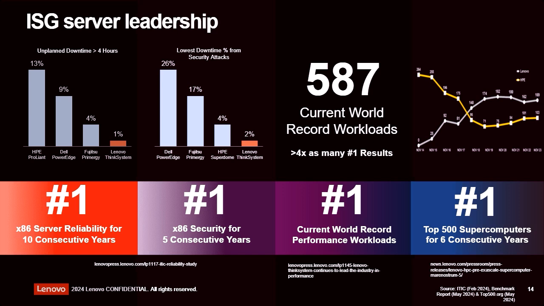And last but not least, talking about those bigger workloads, you can see that we are #1 for 6 consecutive years as far as the top supercomputers out there. I've been running since about 2017, I believe, currently sitting at about 167 of those. So about a third of the market out there in the world is running Lenovo supercomputers. And that's #1 in half of the markets that are involved with that as well.